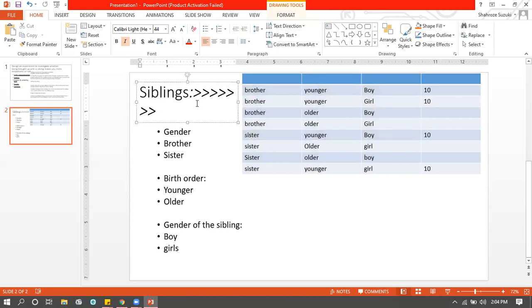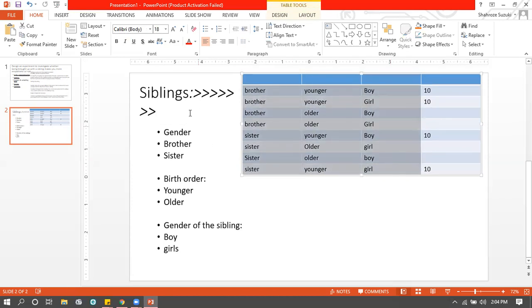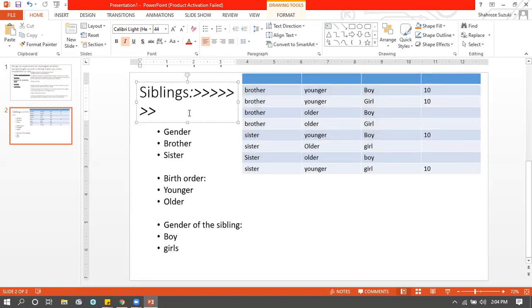So in our experiment, when we say siblings, we mean people who are what? Younger, and 5 years smaller than us.